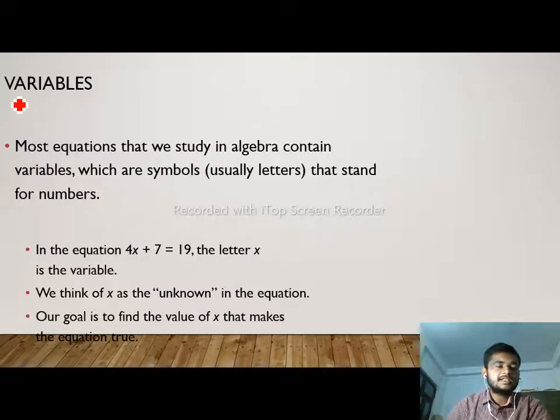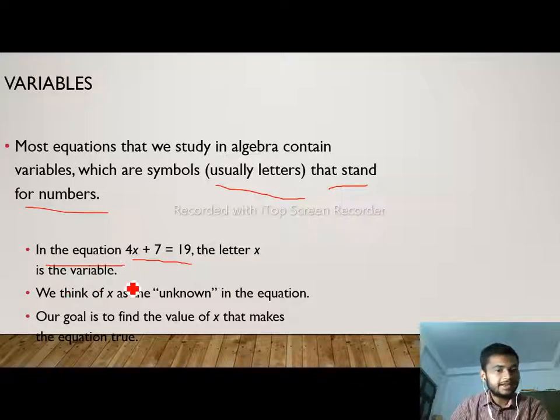Okay, what is a variable? Most equations that we study in algebra contain variables, which are symbols, usually letters, that stand for numbers. In the equation 4x plus 7 is equal to 19, the letter x is the variable.